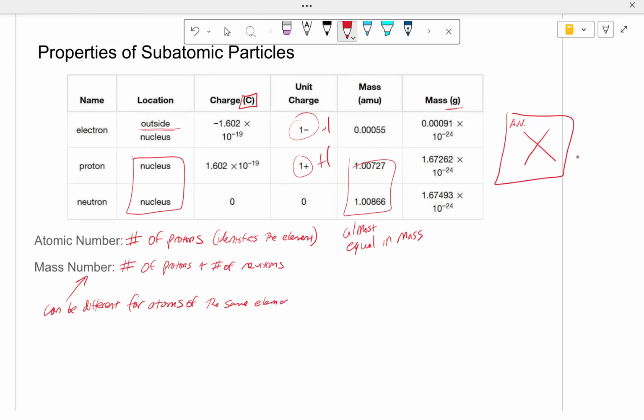This term's been brought up a few different times, but now we can formally define it. This is what we call an isotope, or isotopes. These are atoms that have the same number of protons, so they're identical in that manner. A carbon atom will have 6 protons in it, but a different number of neutrons.